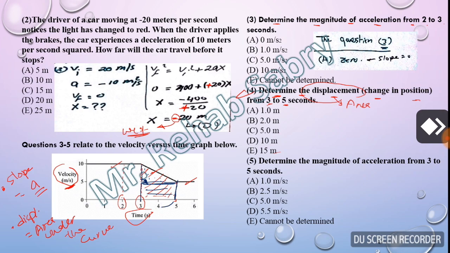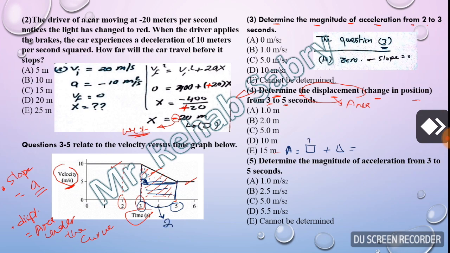So the area here is a rectangle plus a triangle. The length of the rectangle is from 3 to 5, so the length is 2.